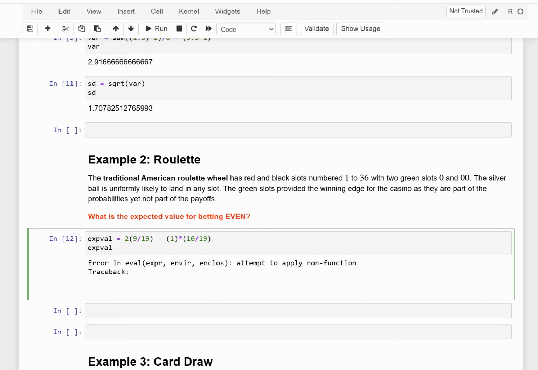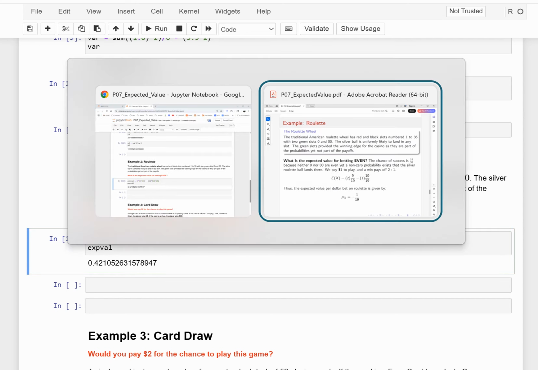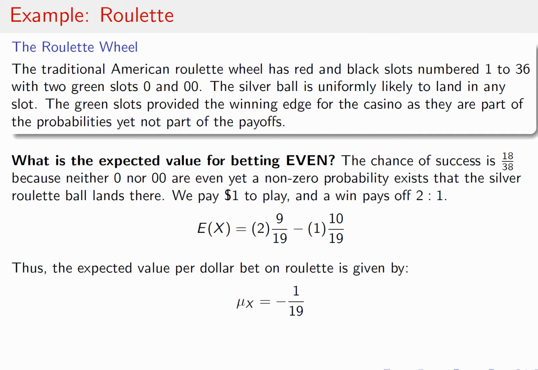What didn't it like? Oh, it didn't like not having the multiplication. And you'll notice that I'm not getting the correct evaluation, so I'm thinking about this.